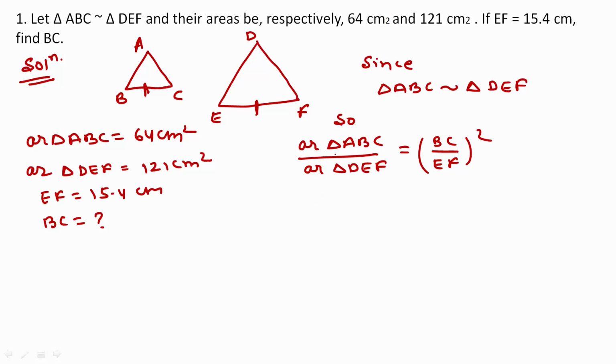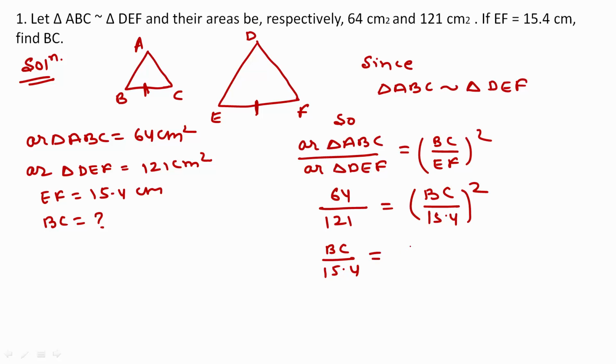Put all the values: area of triangle ABC is 64, area of triangle DEF is 121, EF is 15.4 centimeter, whole square. Taking square root on both sides, 8 upon 11 is equal to BC upon 15.4, since the square root of 64 is 8 and the square root of 121 is 11.